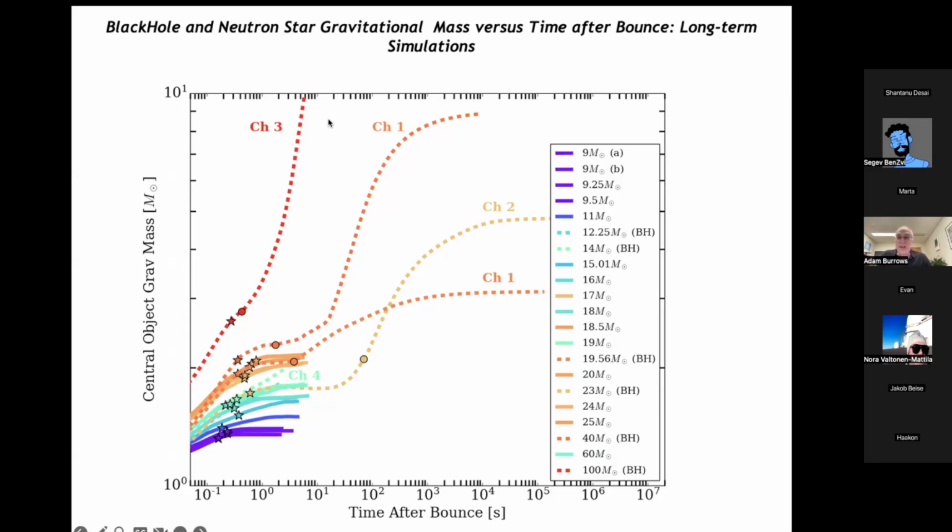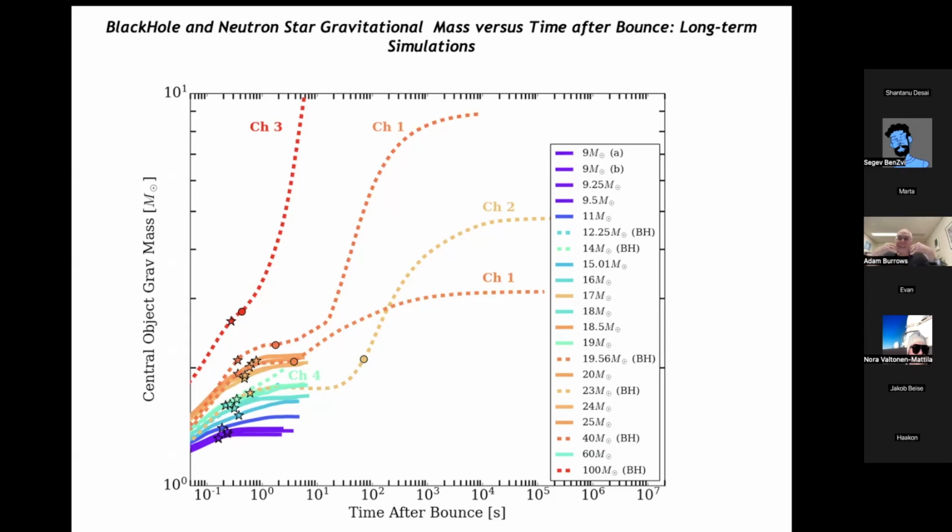This particular one was a 100 solar mass model at a tenth solar metallicity. Its compactness was so large that the accretion rate associated with the infall, the collapse, was so large that it wanted to explode, and it did, but it was accreting so fast. Remember, simultaneous accretion and explosion, high compactness gives you high M dots, that it got above the maximum mass of a neutron star very fast.